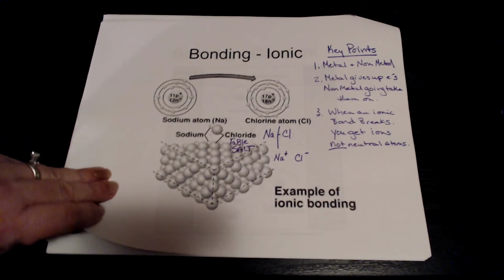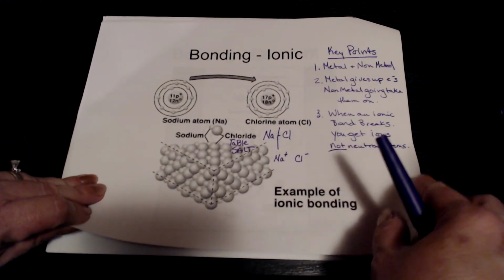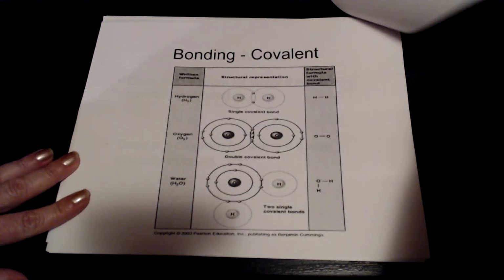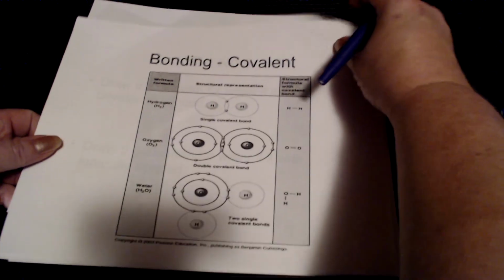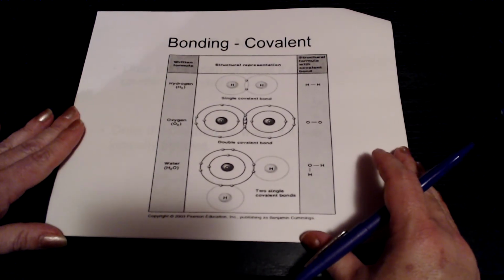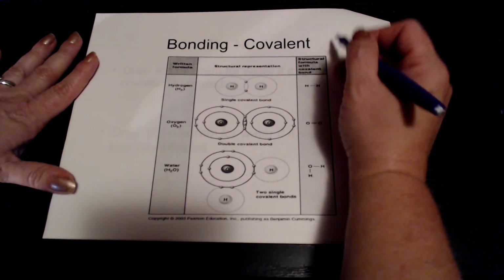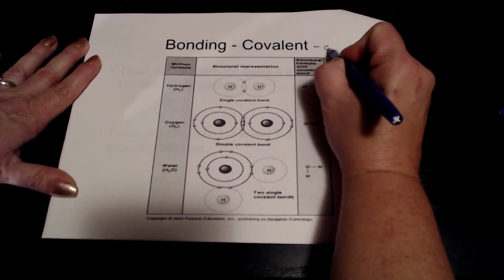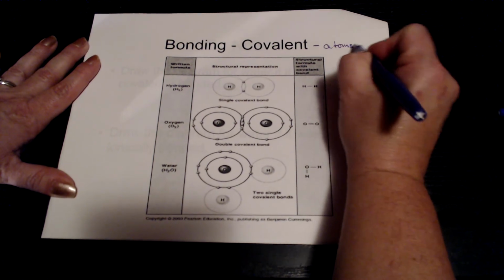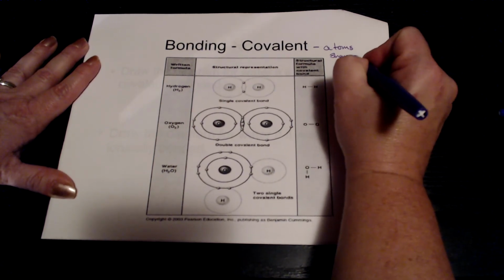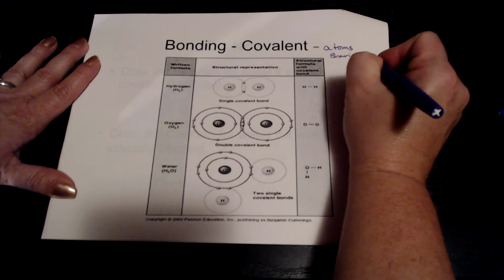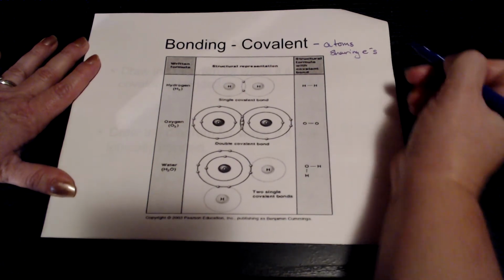Okay, real quick, let's do covalent bonding. The difference between an ionic bond and a covalent bond is that in covalent bonds, the atoms are sharing electrons. I'm sure this is nothing new. You've all done this before.